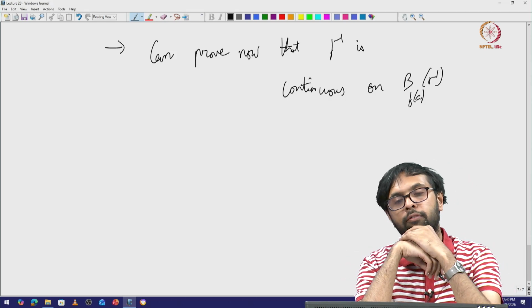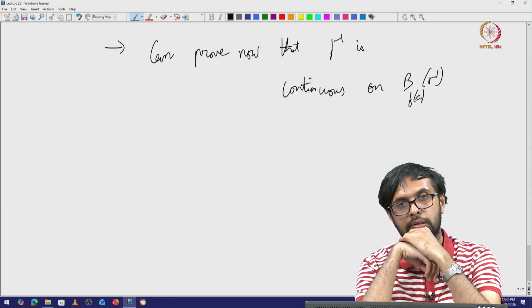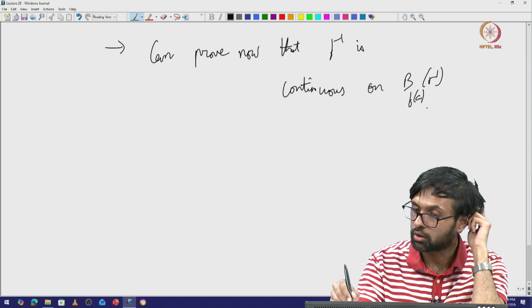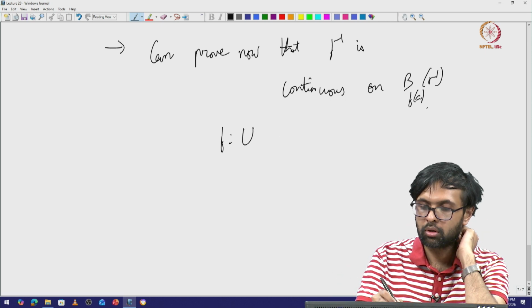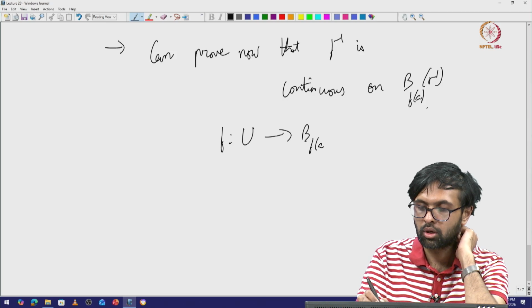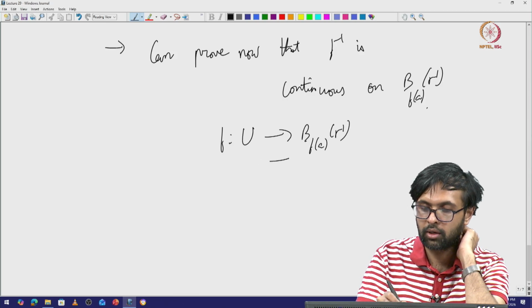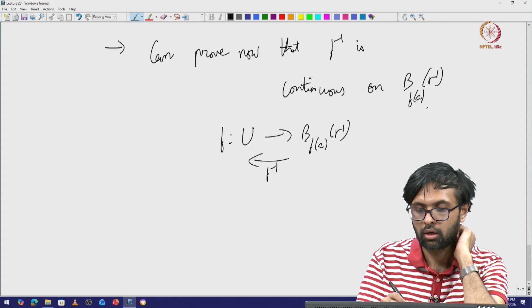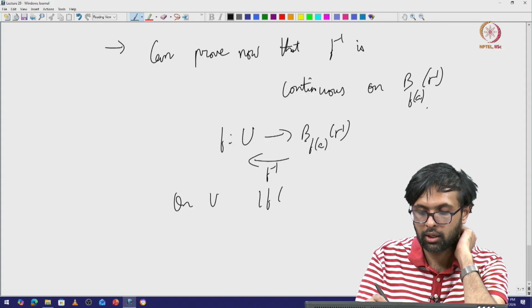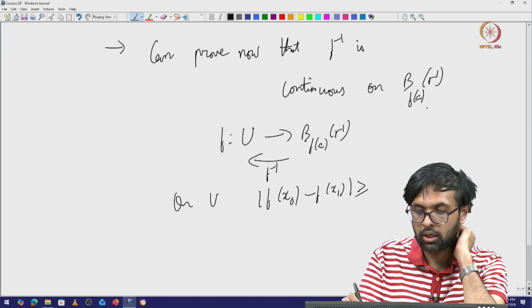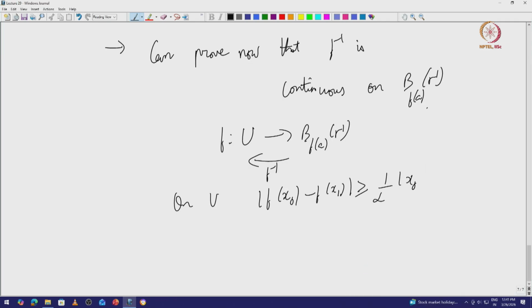There are a number of ways to do this. Notice that the point is f from u to this ball is your desired map. F inverse takes it here. Note that on u, we already know, for example, that f of x naught minus f of x1 is larger than this, right?